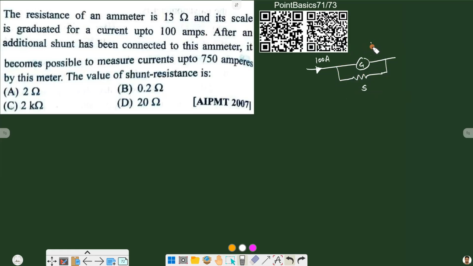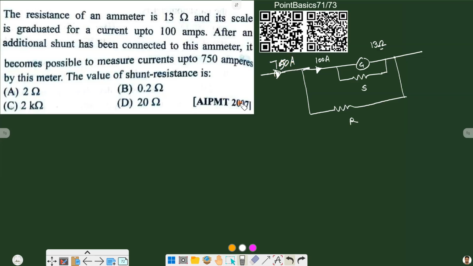Now we have to attach an additional resistance, suppose R, such that now it can measure up to 750 ampere.